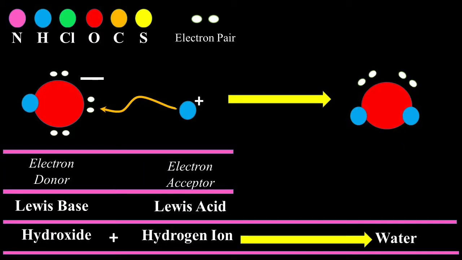Here is a summary of that slide, where the hydrogen ion is accepting a pair of electrons, and the hydroxide is donating them. So this would mean that the hydrogen ion, being an electron acceptor, is the acid, and the hydroxide, which is donating them, is the base.